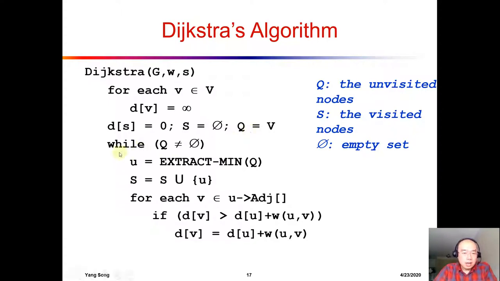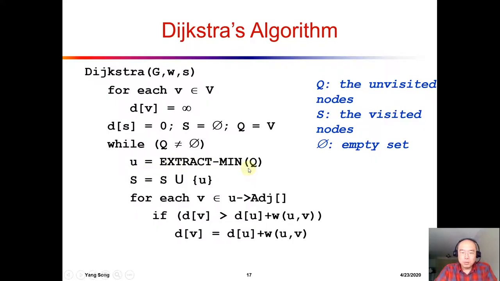And after that, as long as the queue is not empty, so the queue is unvisited nodes, the goal is in each round we want to take one out from the queue and put that into the S, and I'm going to keep on doing that until I have taken all the nodes from the queue and put them into the S. And then I want to do an extract min. You have seen this before, right?